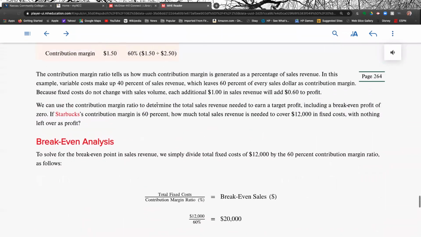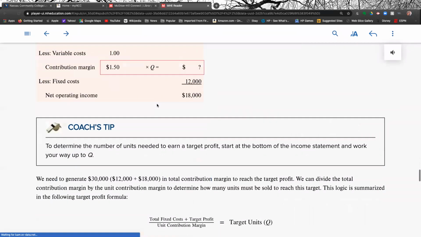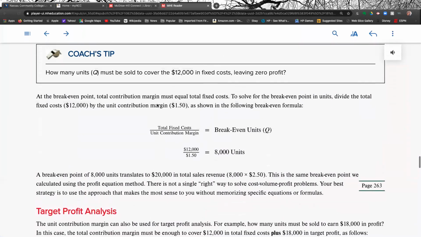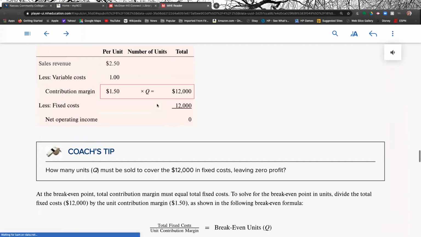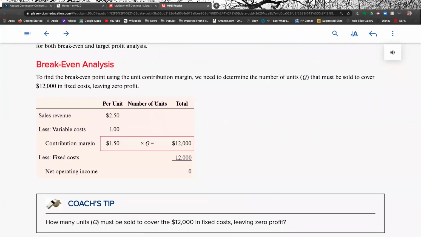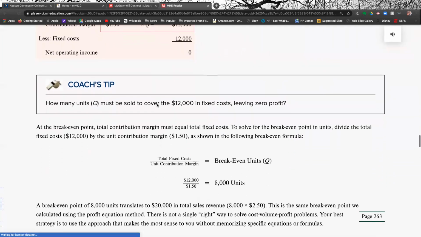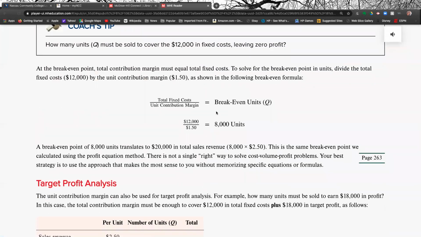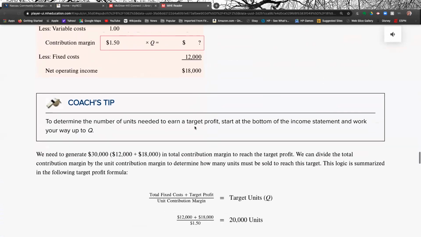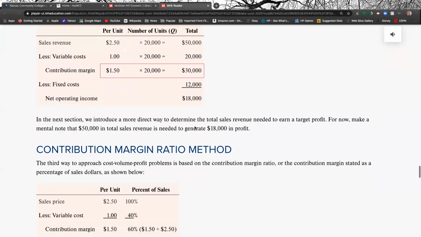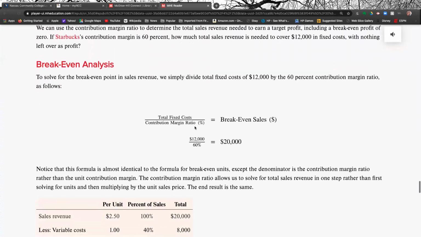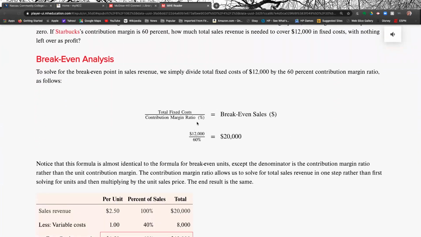$20,000. So, going back to the unit contribution margin, what does the unit contribution margin method do? It tells us how many units we need to break even, right? This method is telling us we need 8,000 cups of coffee to break even. And what this method is saying, we need $20,000 in sales to break even.